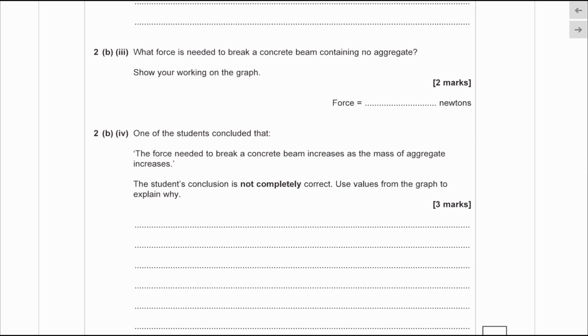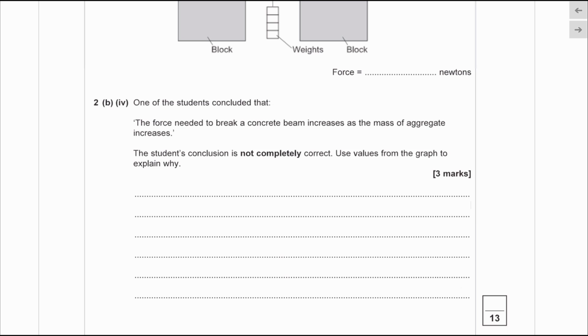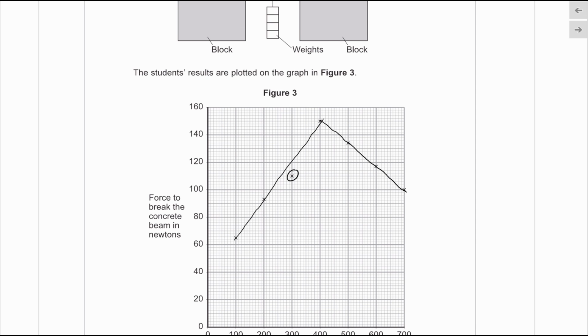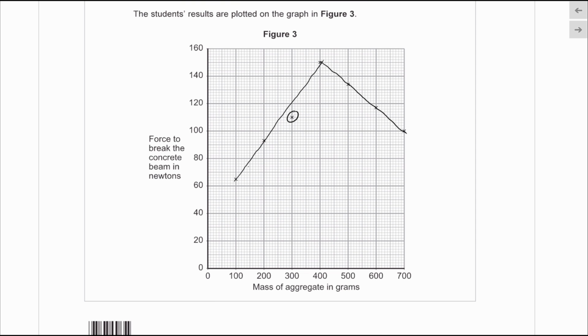B part 3, what force is needed to break a concrete beam containing no aggregate? Show your working on the graph. All right, so no aggregate, we're going to have to extend this line of best fit, right? So you would do this with a ruler, but I'm going to extend and say about maybe there. And so from my graph, if I look carefully, that's 1 square above 40, and each square is worth how many?